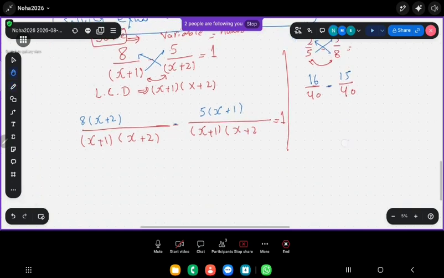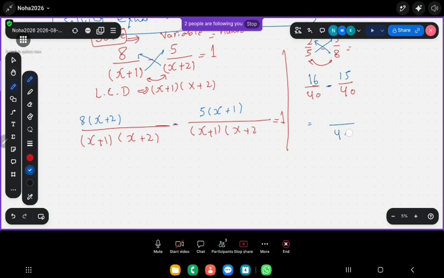Very good. Now we have a common denominator, and we deal with the numerator, which is 16 minus 15. Put the denominator, which is x plus 1 multiplied by x plus 2.